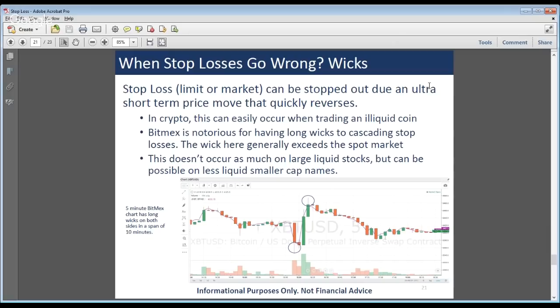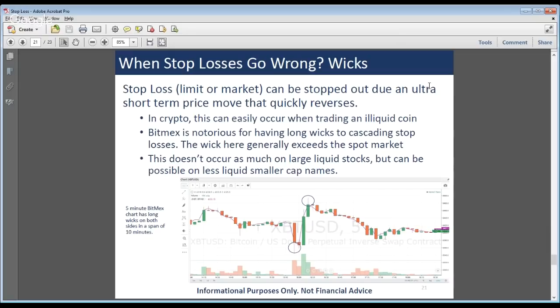So I have a chart here, and this is a 5-minute chart, BitMEX, and I don't have the exact date on here, but I circled a couple wicks where the price quickly reverses twice. And these are 5 minutes. So within a 30-minute span, you get a pretty large down move and a pretty large up move. So if you have even a reasonable stop loss, you can get wicked out here.